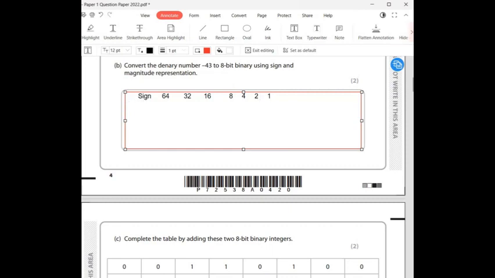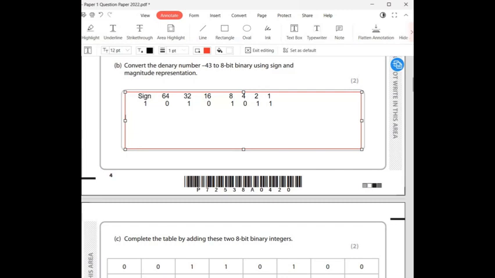As it's a minus, we're just going to have a 1. Not going to have a 0. We have a 1, 0. 32 and 8 is 40. 42, 43.